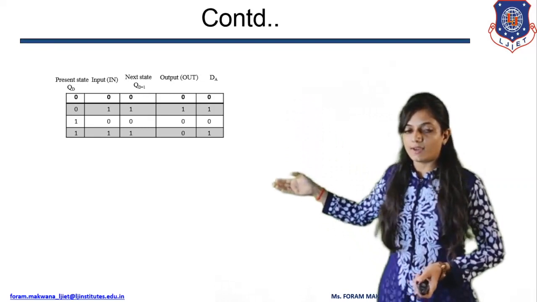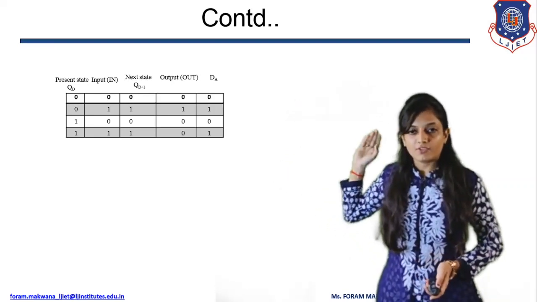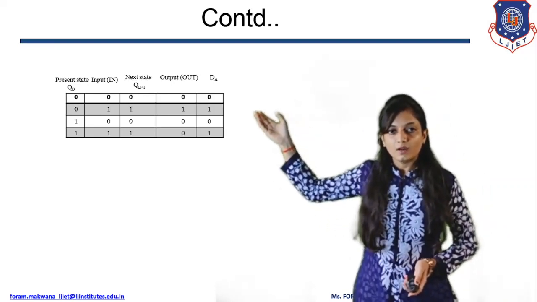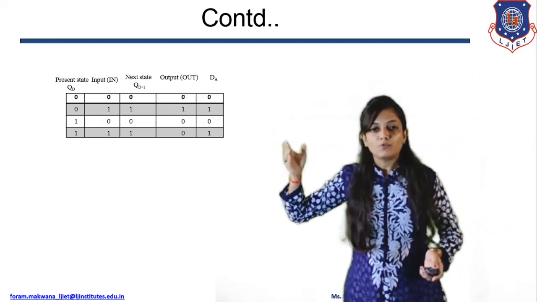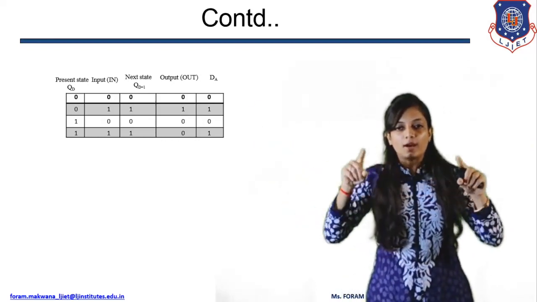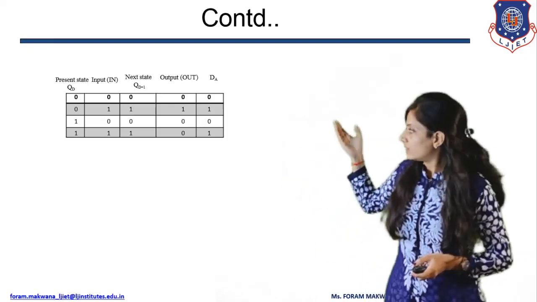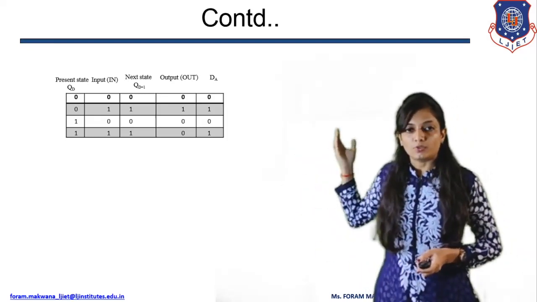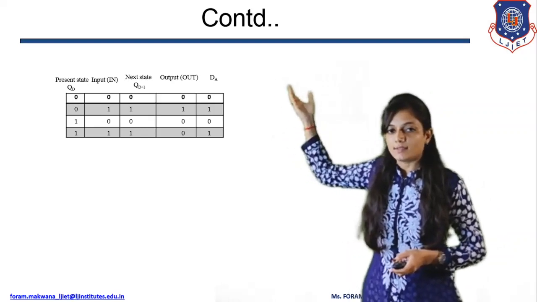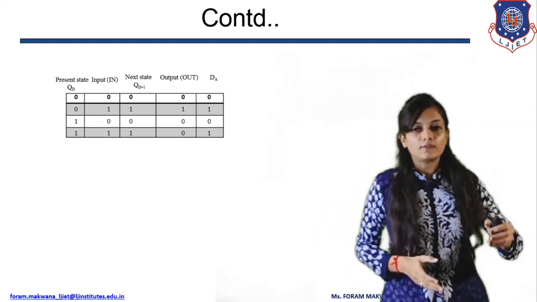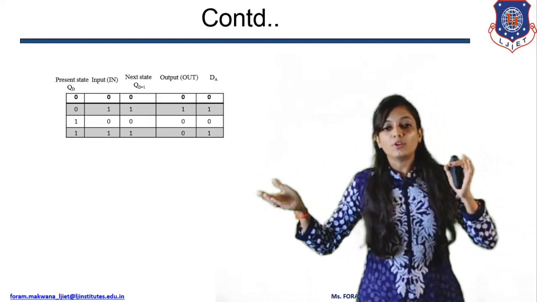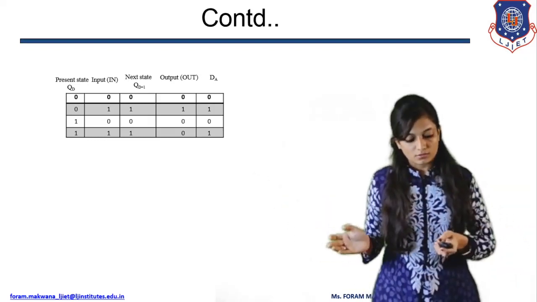Next state we write accordingly from the state diagram which we have seen earlier. What is my output? The output which we have written outside the circle. Okay? And what is DA? DA represents its corresponding output, so the output and DA are both the same. Why? Because in a D flip-flop, whatever the input is, it will be the output at the specific transition of the clock.